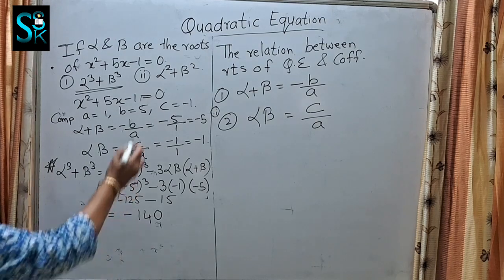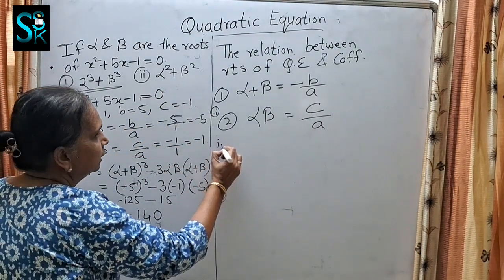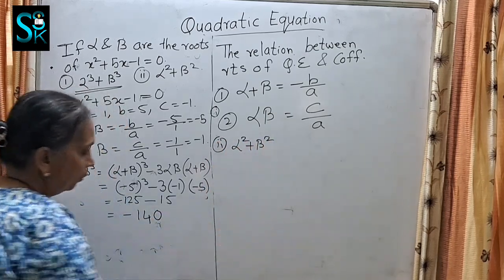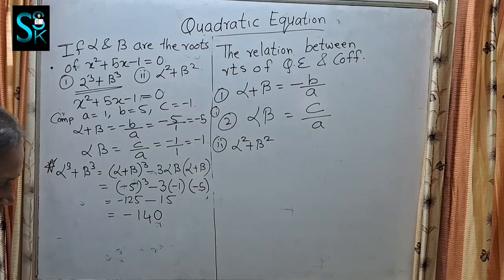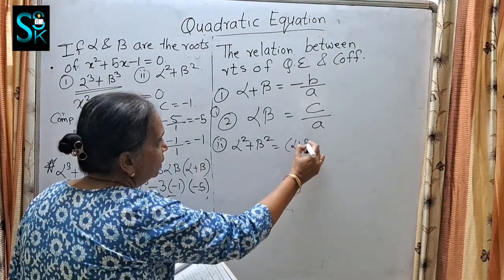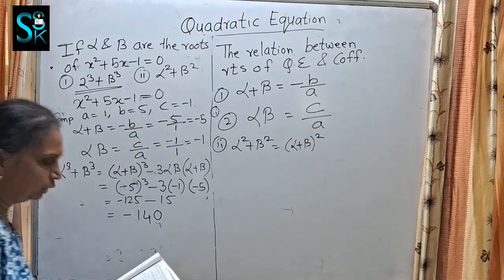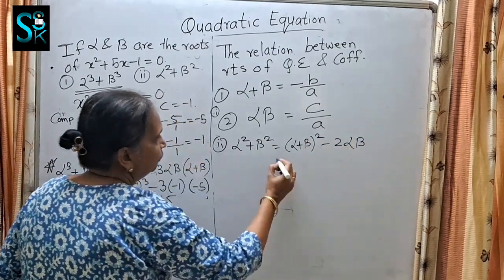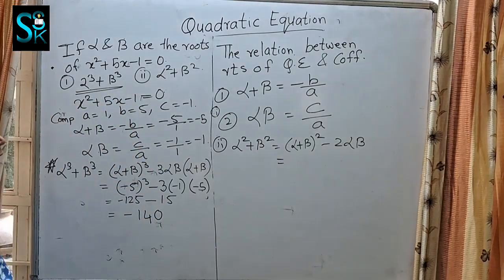Okay, so now one more thing they have asked you is, the second sum is alpha square plus beta square. The formula, here again you have to remember, is alpha plus beta the whole square minus 2 alpha beta. So just again substitute the value.